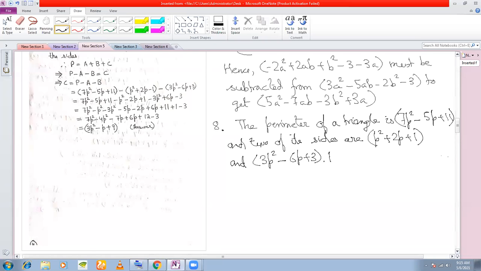Find the third side of the triangle. Now, I hope all of you know the meaning of perimeter.